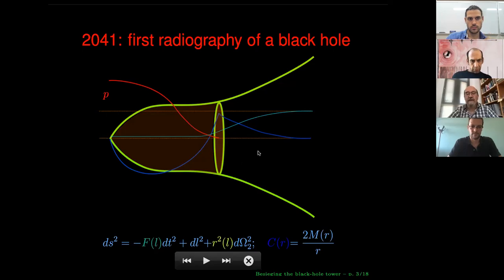And another is the redshift function, this other line that you see here, which goes to 1 in asymptotic infinity, and then slowly decreases, until the position at which this object has a surface, and inside it is full of matter.